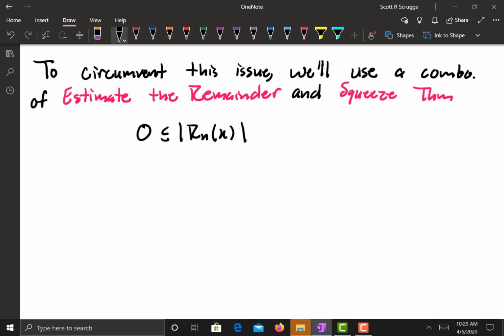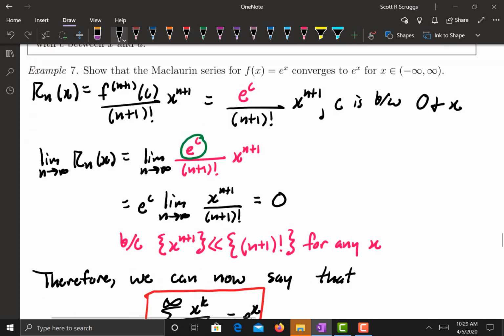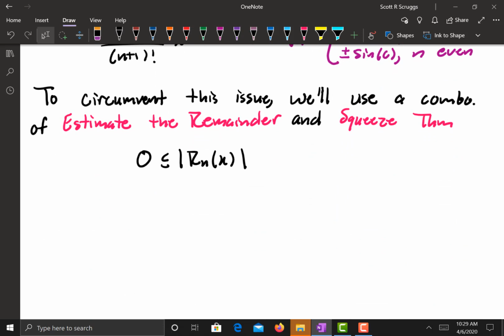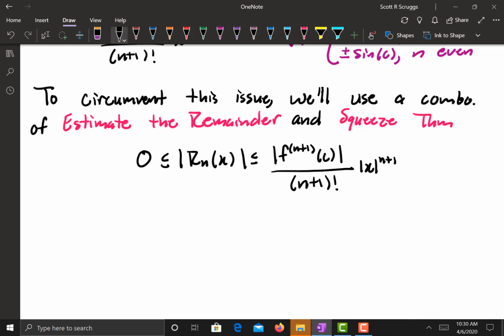So 0 is less than or equal to the remainder, but that is less than or equal to, by the estimating the remainder theorem, all I'm doing is moving around with the absolute value.